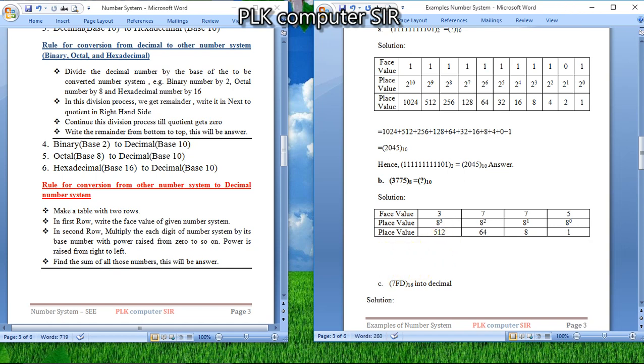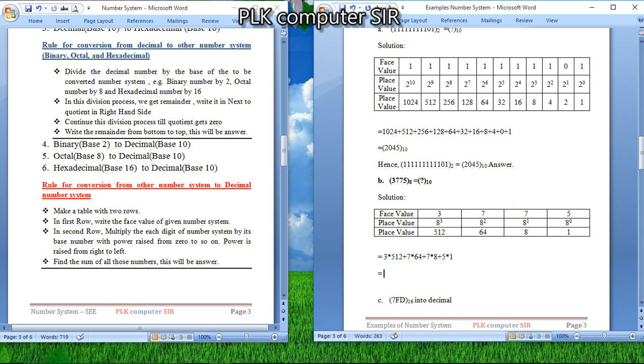So it will be equal to 3 into 512 plus 7 into 64 plus 7 into 8 plus 5 into 1.